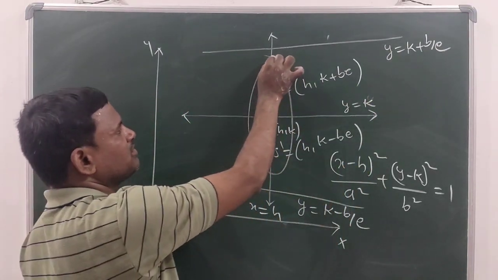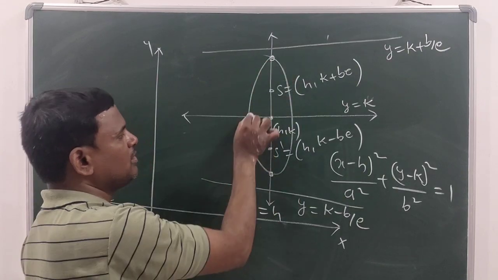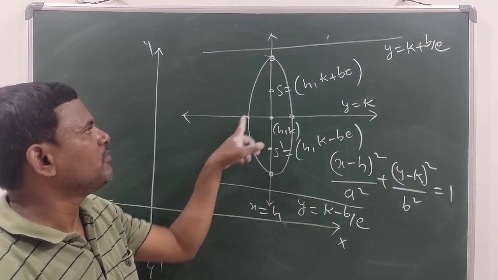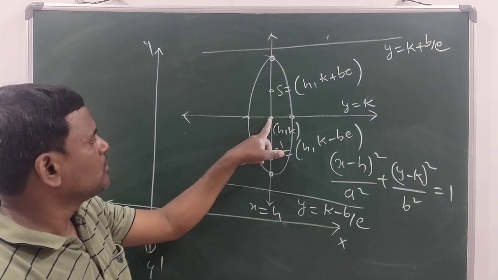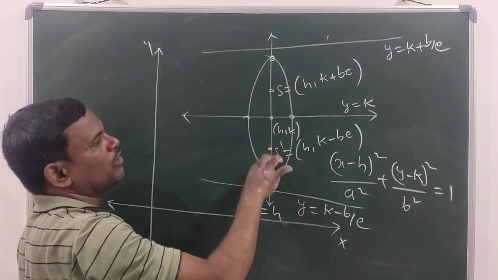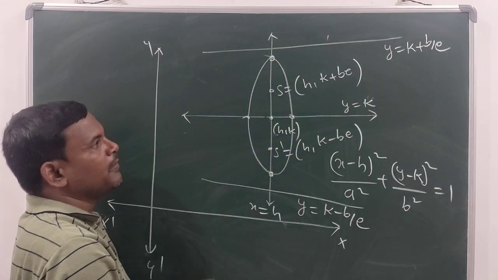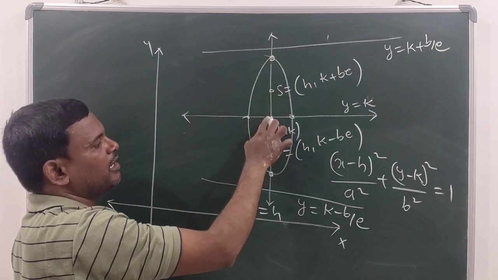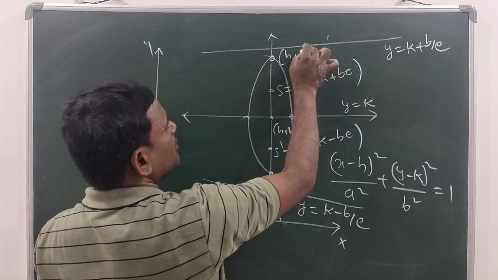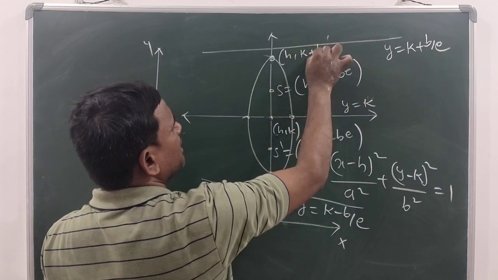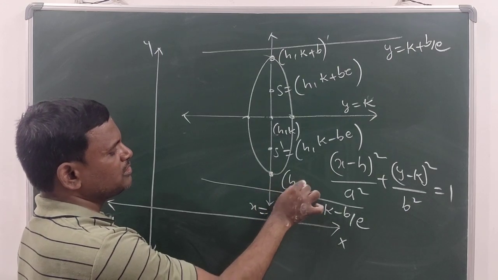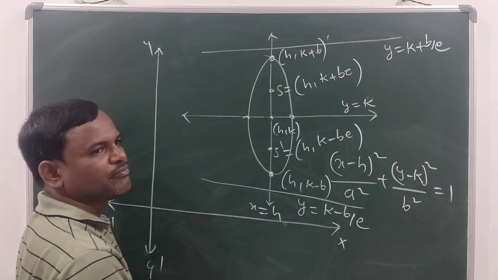Okay, can you write the vertices coordinates? Write them by yourself. From here to here this length is a, and from here to here k, so here h comma k plus a, and this coordinate h comma k minus a.